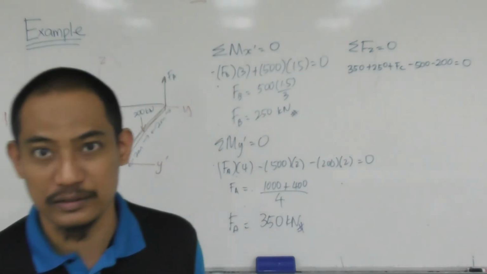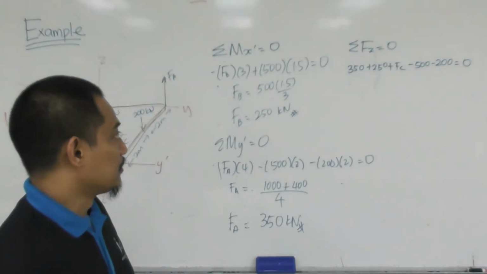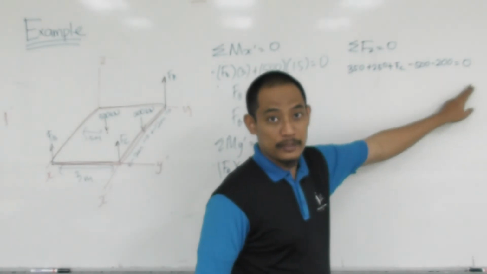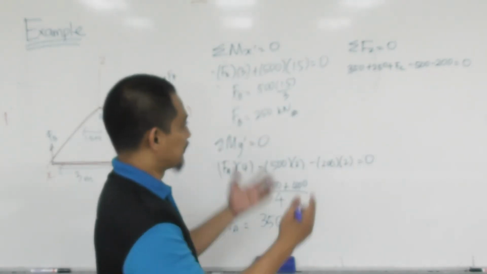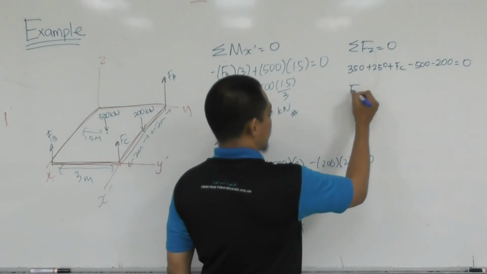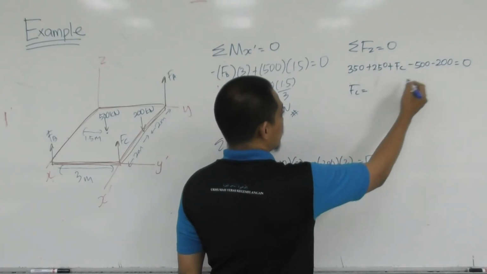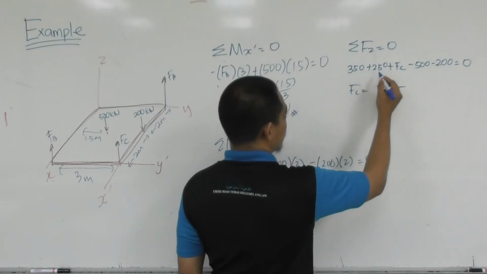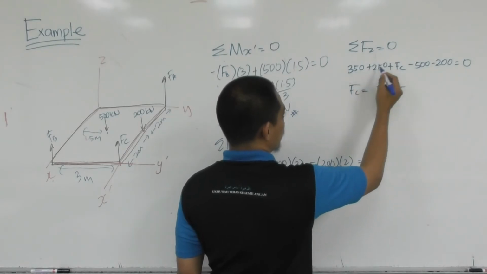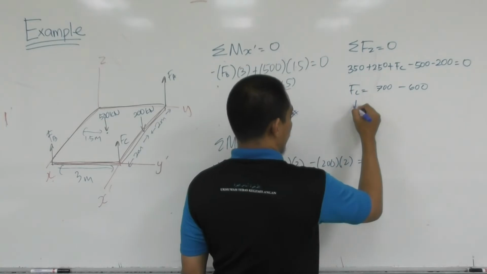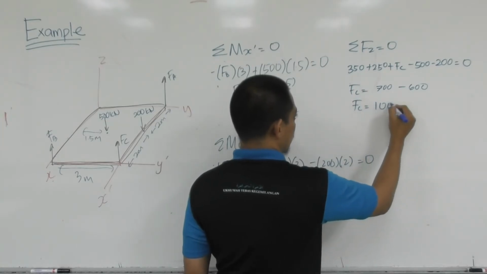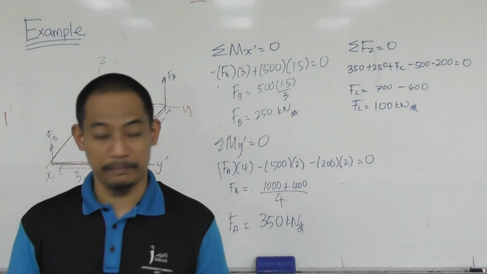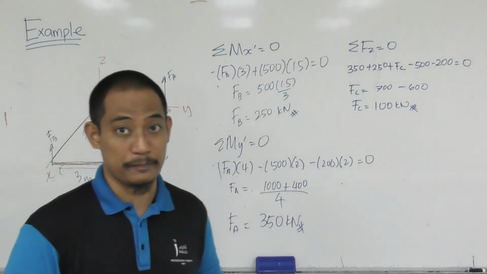So FC becomes 700 minus 600, is it? So FC equals 100 kilonewton. Yep. FC is 100 kilonewton.